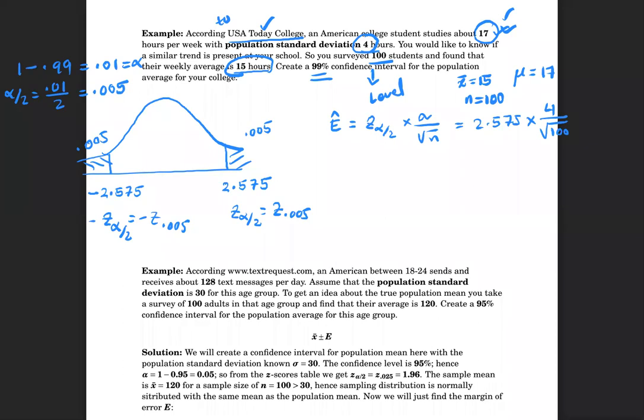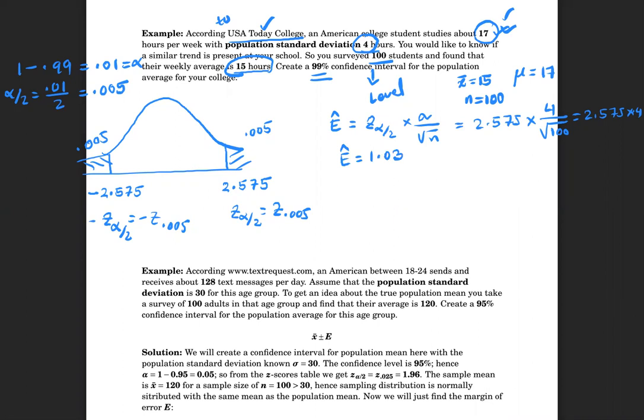So it's 2.575 times 4 over square root of 100, which is 10. Because 4 divided by 10 is 0.4. So 2.575 times 0.4 is 1.03. So your margin of error is going to be 1.03.